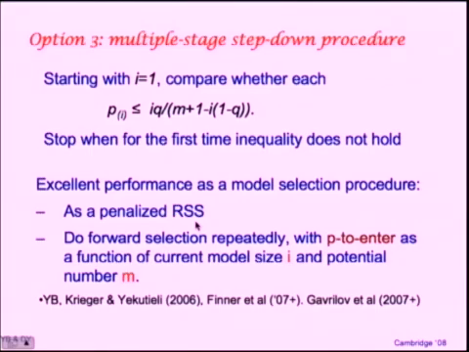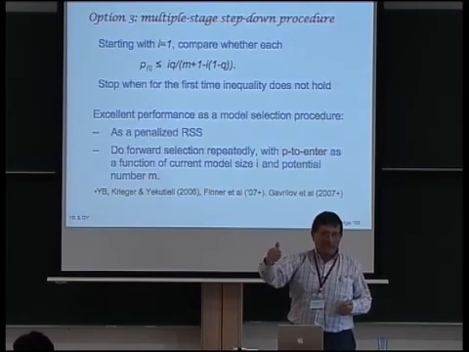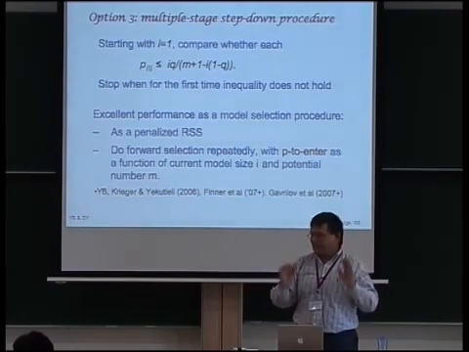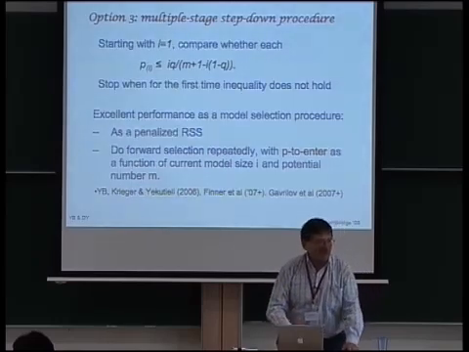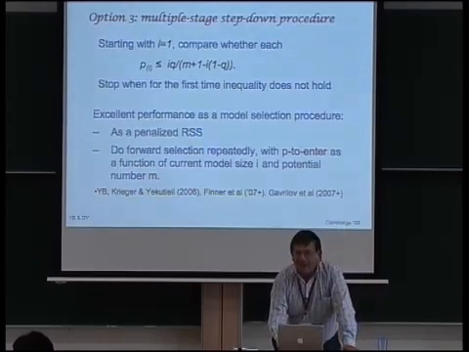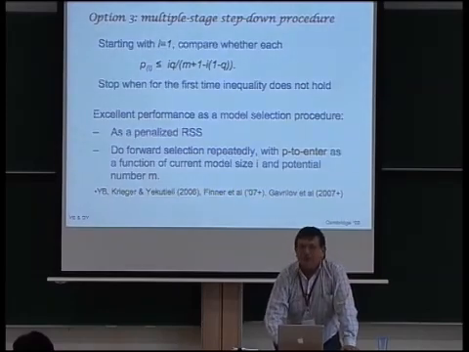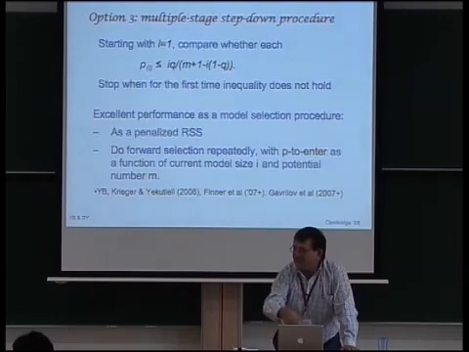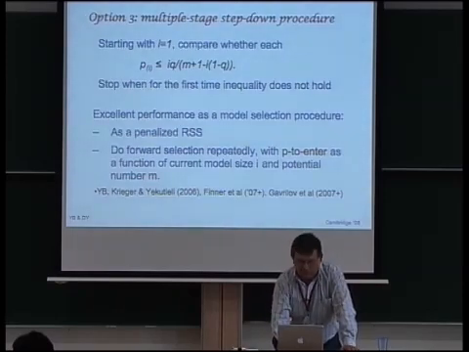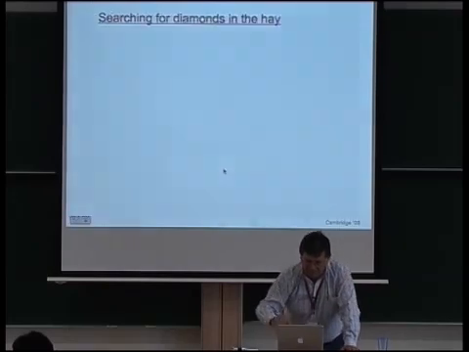Start with the p to enter conservative. Then if you enter some things into the model, check what should be the next p to enter. Work like that continuously and you will enrich the model. This can be done with any standard software, SAS, BMDP, and so on. And in about 1 or 2 iterations, it reaches the same place as the penalized approach would reach. And it has very good performance.